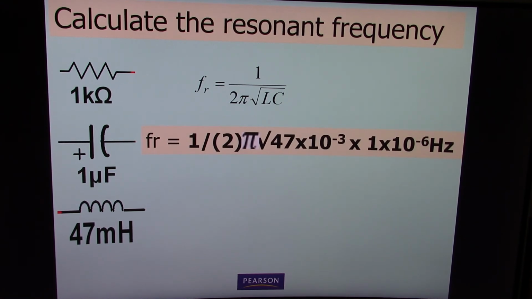You should be pretty comfortable with this. So F of R, resonance frequency, is 1 over 2 pi square root of 47 times 10 to the minus 3, which is this one, times 1 times 10 to the minus 6.